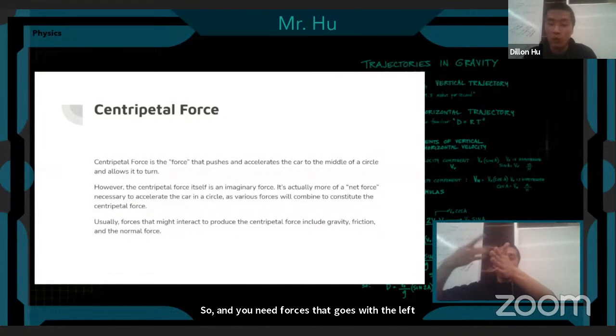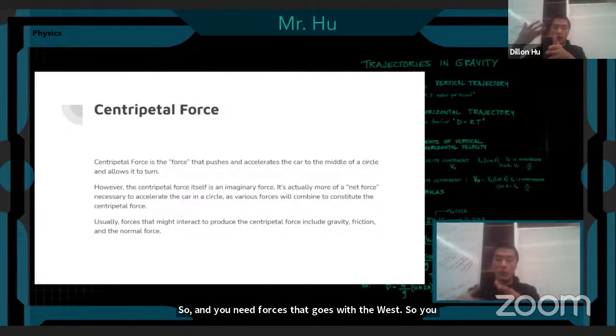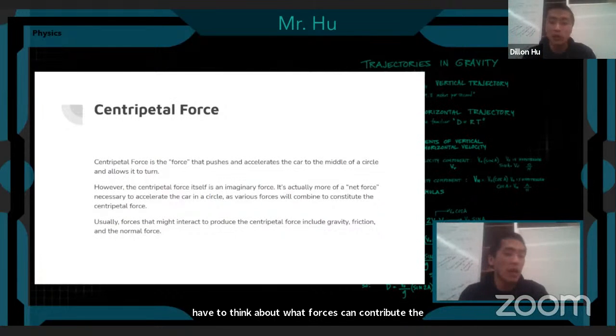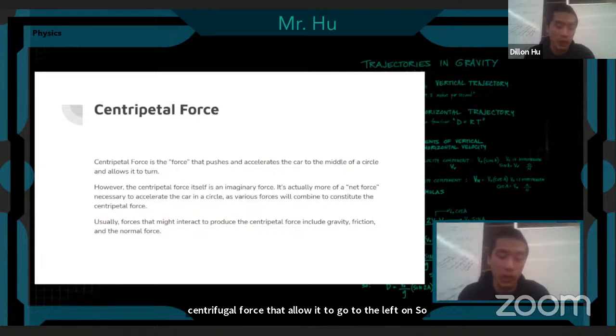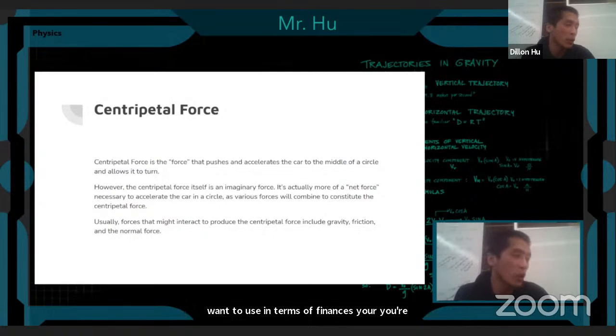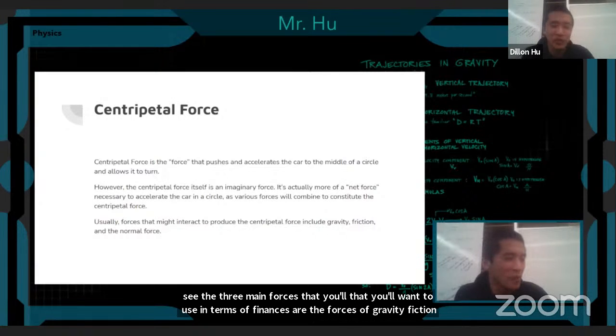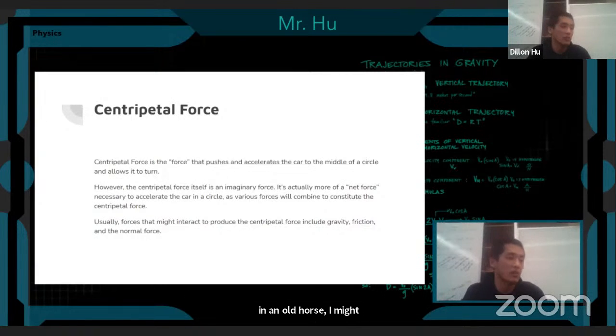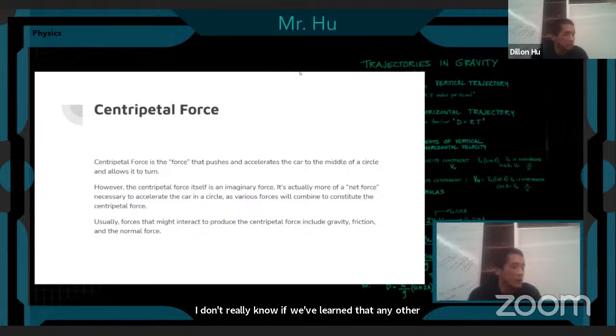So you have to think about what directions the forces are in, which can be a little bit tricky. But I would say the three main forces that you'll want to use in terms of finding centripetal forces are gravity, friction, and the normal force. I don't really know if we've learned that many other forces, but those are the three that mainly can constitute your centripetal force.